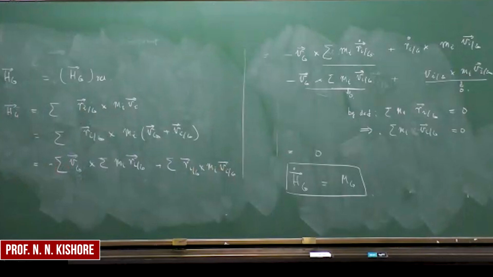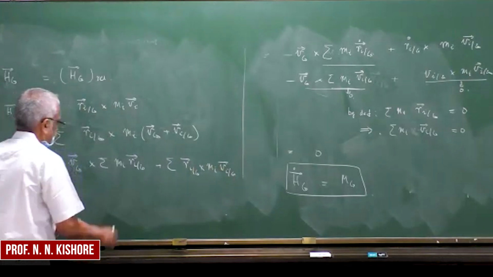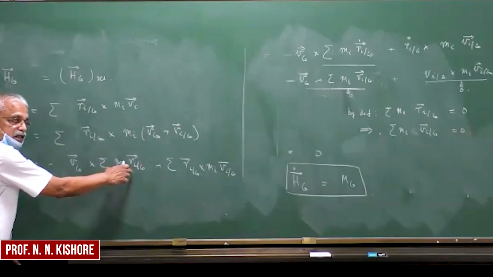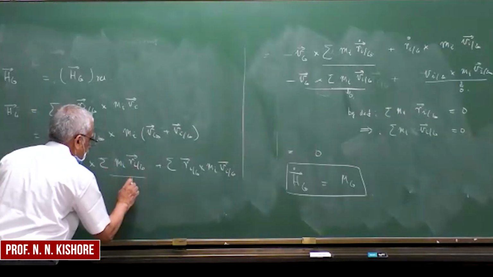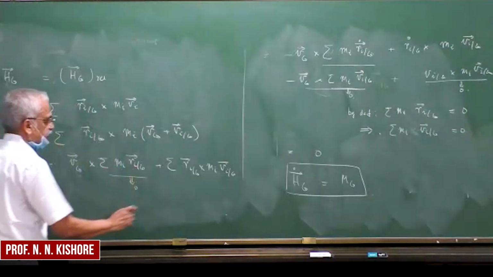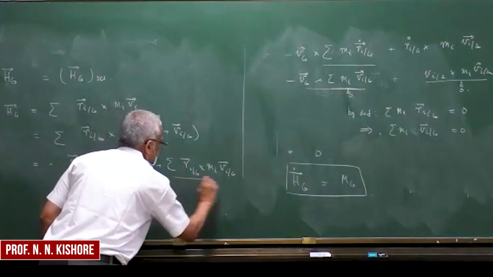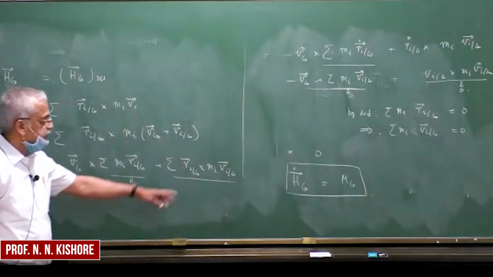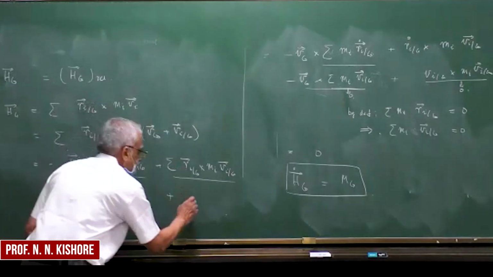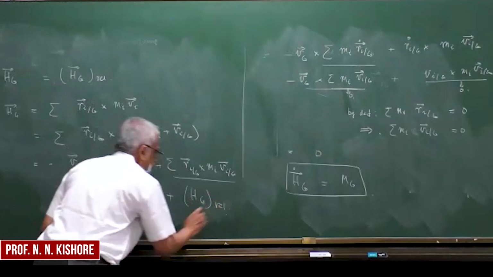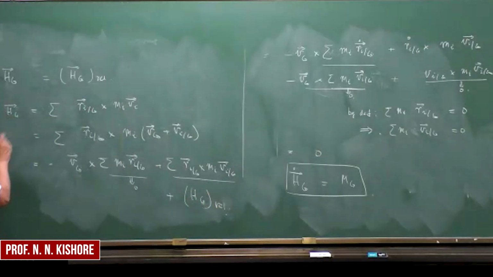Okay, so it's very clear now that this we know to be 0, right? And that leaves only this part, which is Ri Mi G, which is nothing but, so that's Hg is equal to Hg rel.